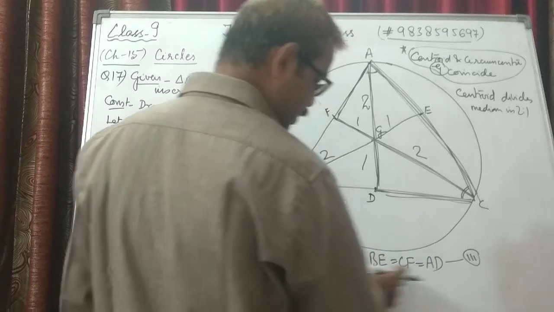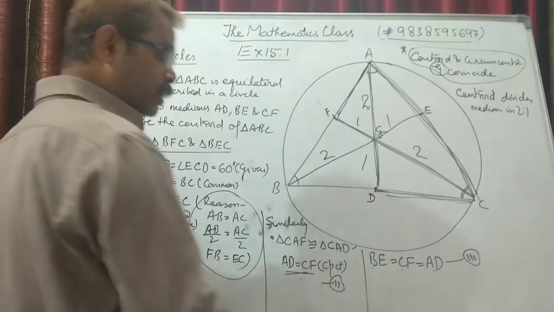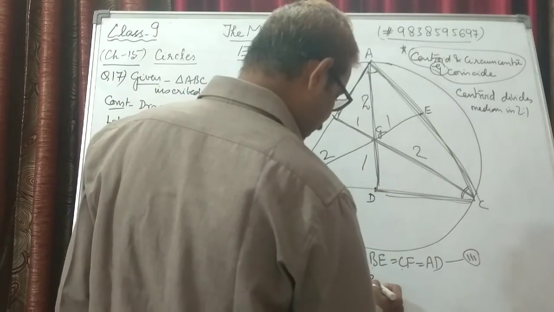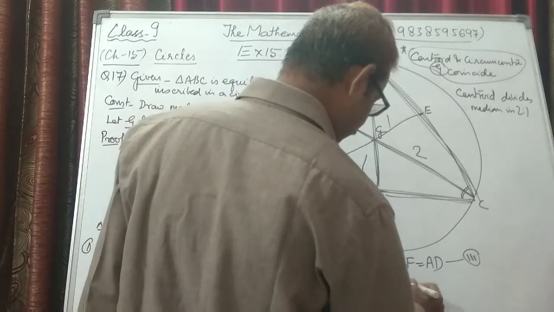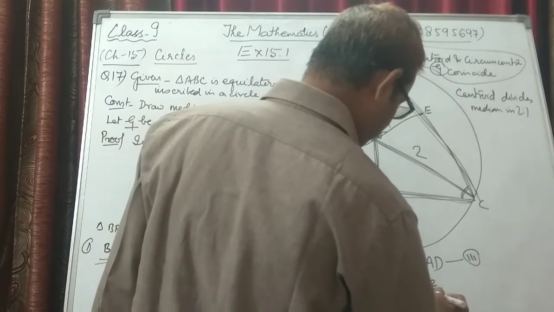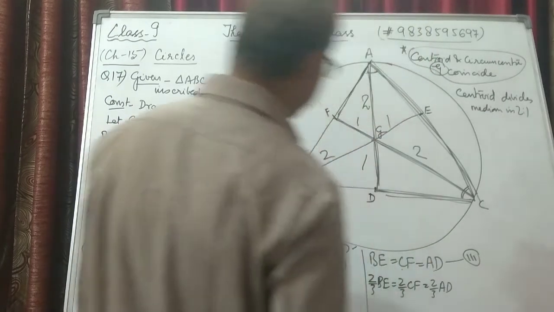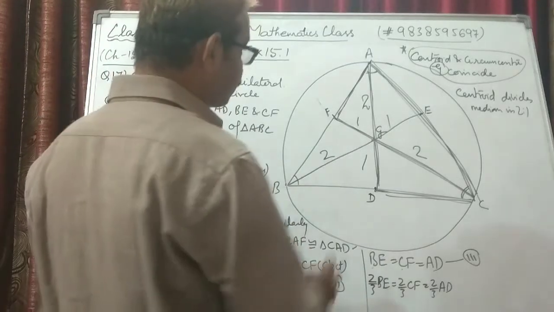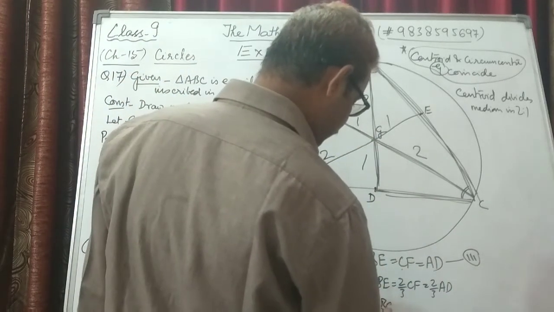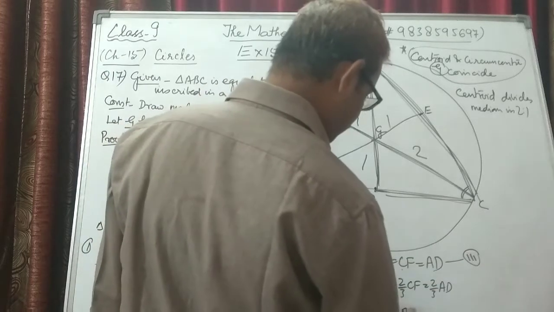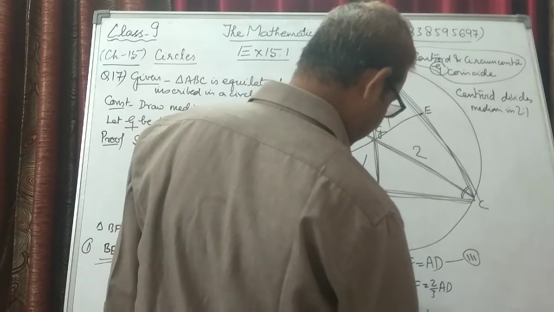So all these are the medians, so their 2/3 will be equal. So we can say 2/3 of BE is equal to 2/3 of CF is equal to 2/3 of AD. Now 2/3 of BE will be BG, so BG is equal to CG is equal to AG.